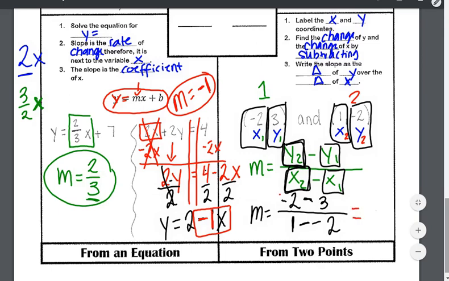Subtract. -2 minus 3 is -5 over 1 minus -2. Remember, this double negative becomes one big plus sign, so that becomes 1 plus 2, which is 3. So our slope would be -5 over +3.